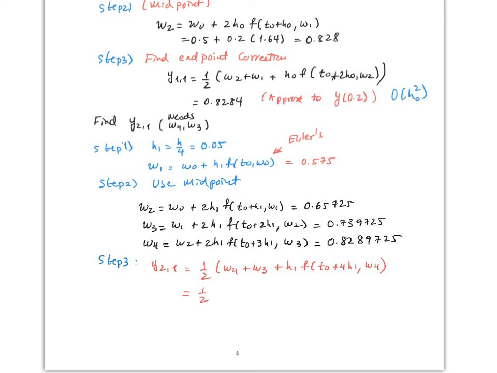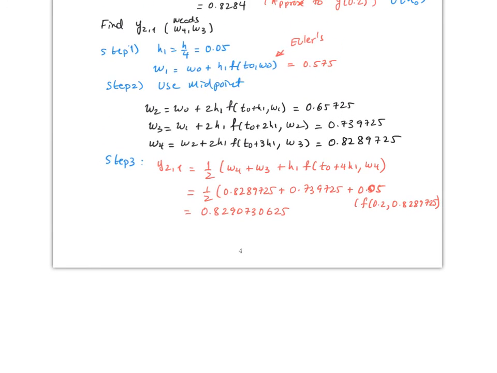So this will be 1/2 times (0.8289725 plus 0.739725 plus 0.05 times f(0.2, 0.8289725)), and all of this gives you around 0.8290730625.